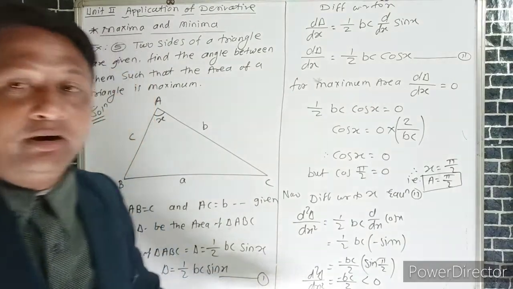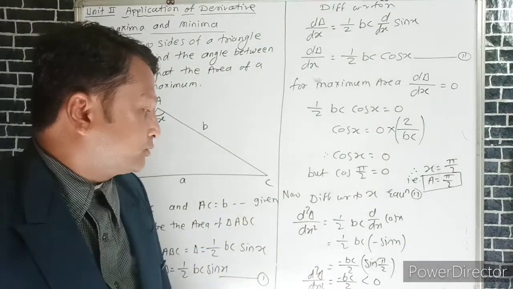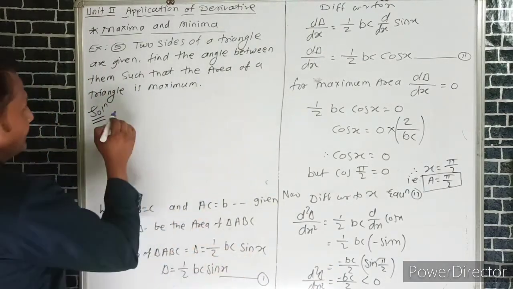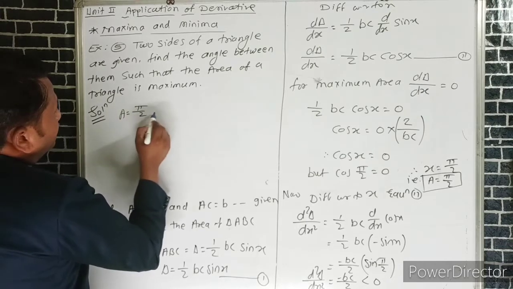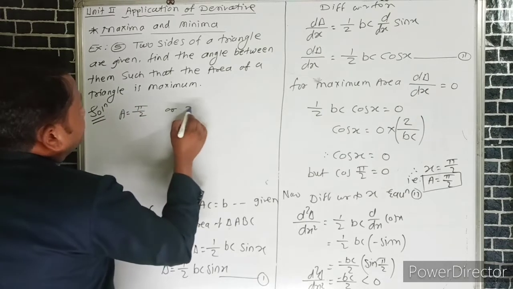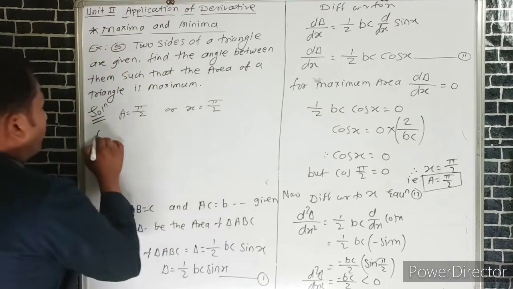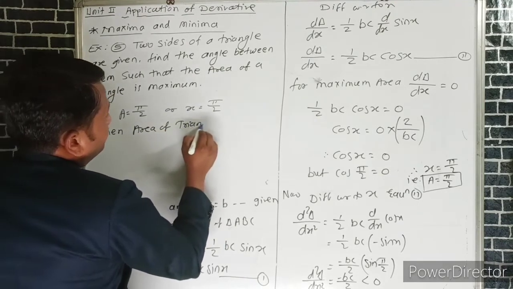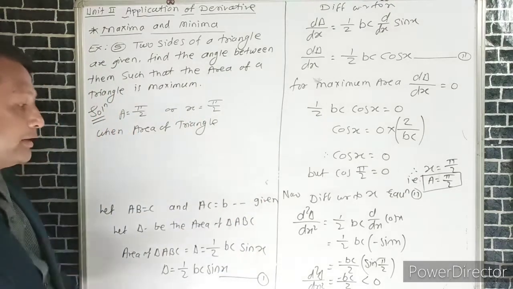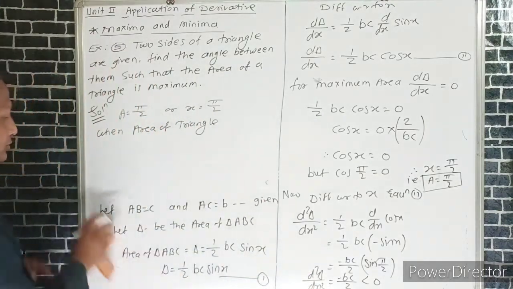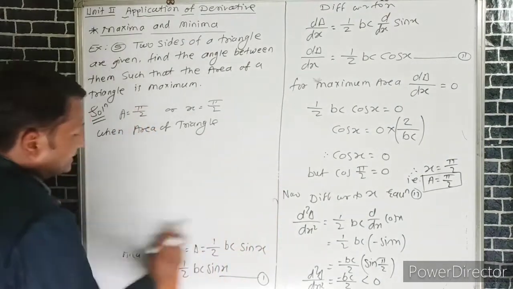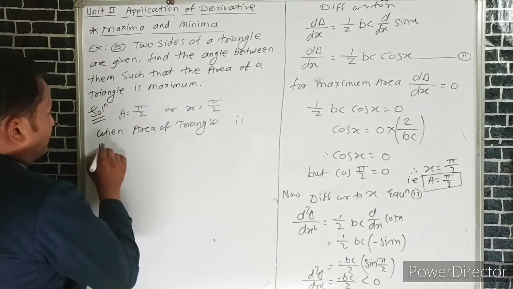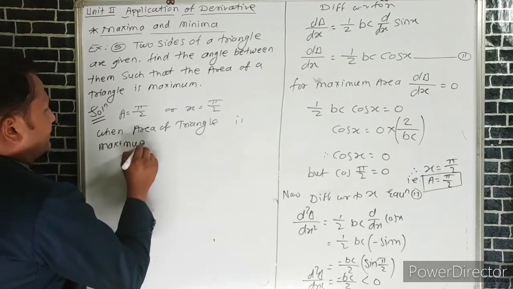If the second order derivative d2 upon dx square is less than 0, then we can say that A is equal to pi by 2, or x is equal to pi by 2, when the area of the triangle is maximum.